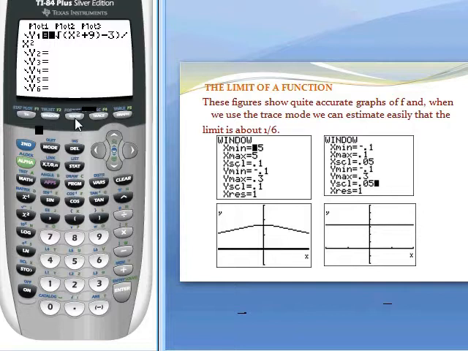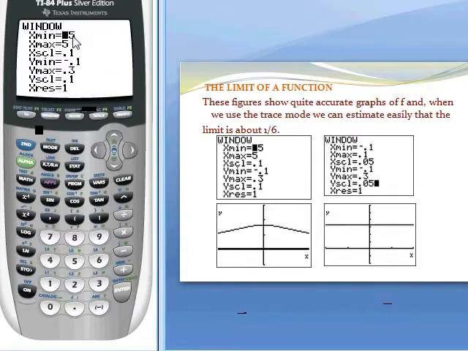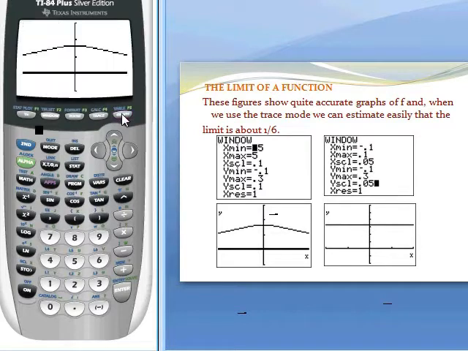And when I do that, -5 to 5, and just like that one, when I graph it, I will see a very nice curvature. Okay, that looks like the function. And then I can actually go and trace it.